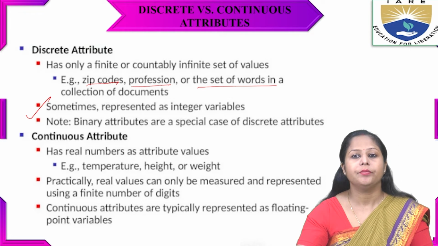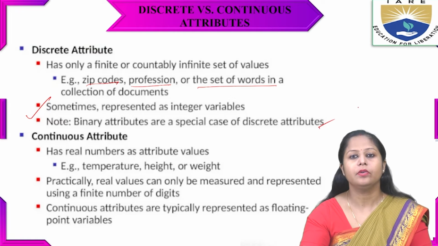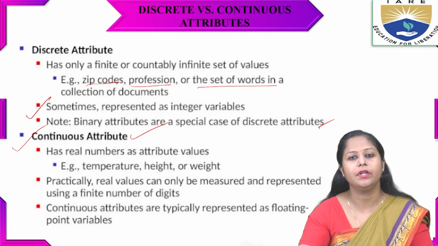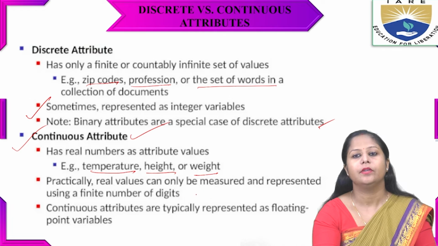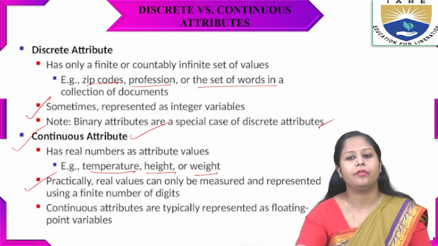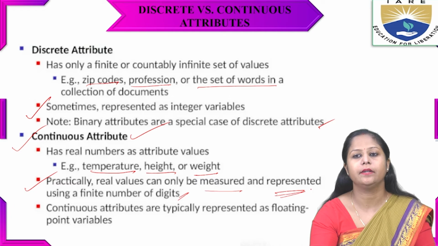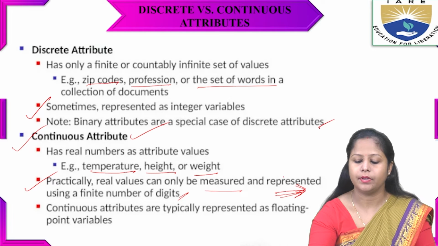Binary attributes are a special case of discrete attributes. Now the continuous attribute. A continuous attribute has real numbers as attribute values. For example, temperature, height and weight. Practically, real values can only be measured and represented using a finite number of digits.